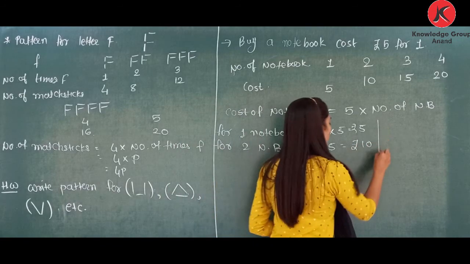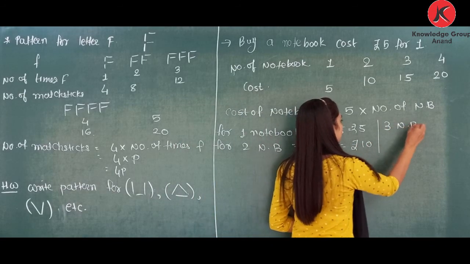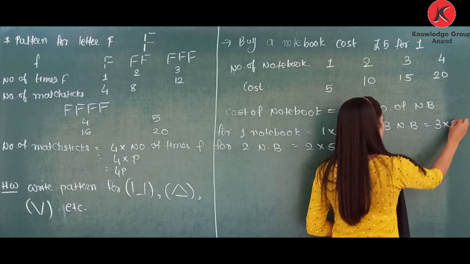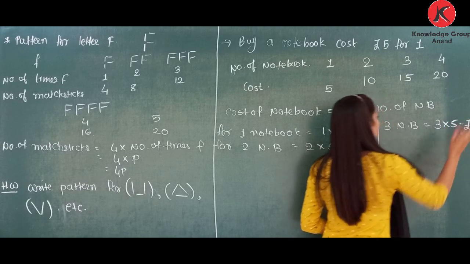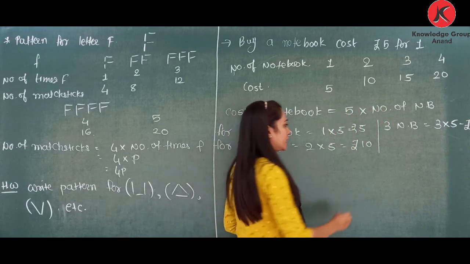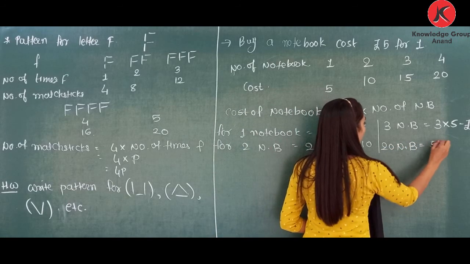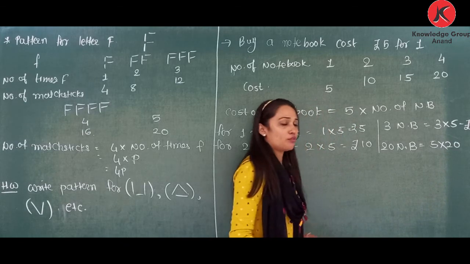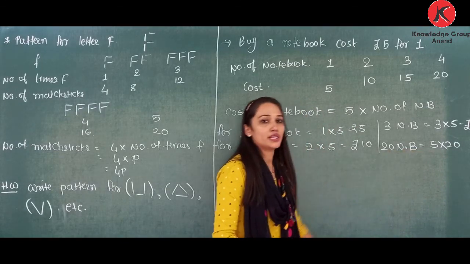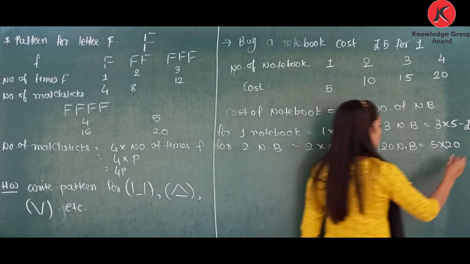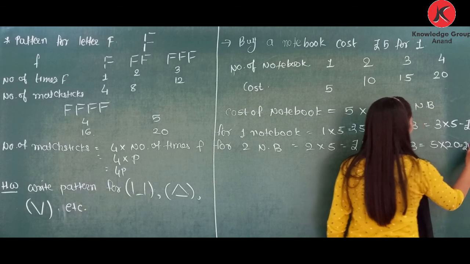Same for 3 notebooks, we need to multiply 3 with 5, so it is 15. So if we want to find for 20 notebooks, 5 multiply 20. Whatever number of notebooks, we need to multiply it with 5. So we need to pay 100 rupees.